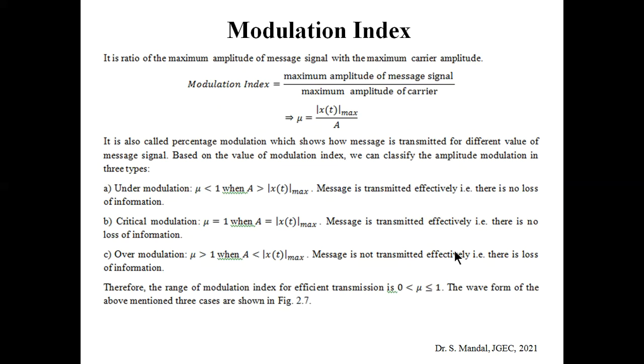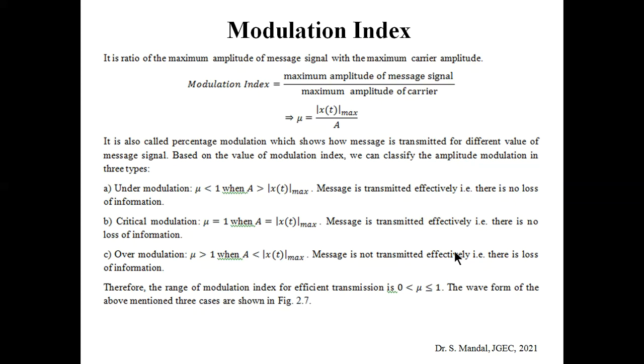It is a very important term associated with modulation, that denotes the percentage of modulation based on the amplitude of the message signal and the carrier signal. We define the modulation index this way. Basically, this is the ratio of the maximum amplitude of the message signal to the maximum amplitude of the carrier.